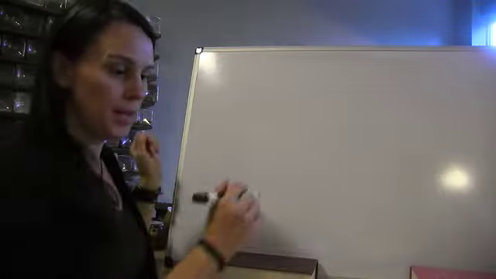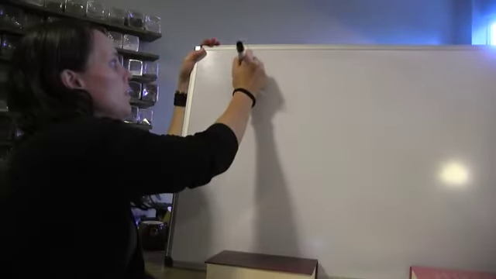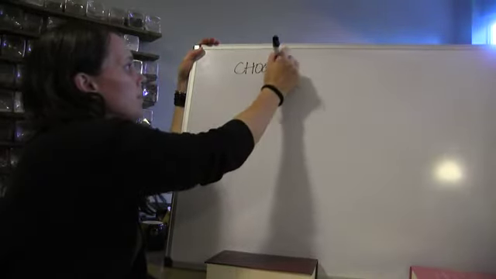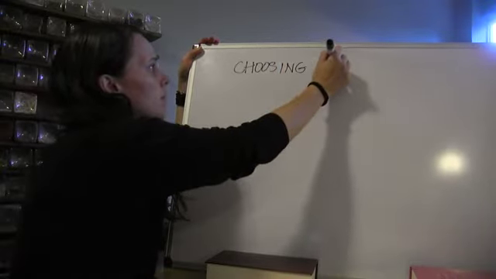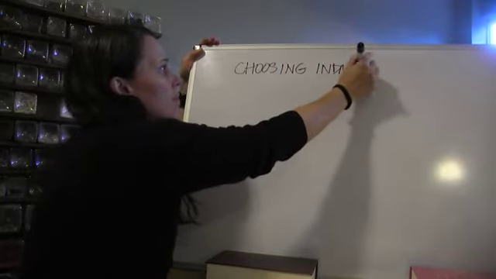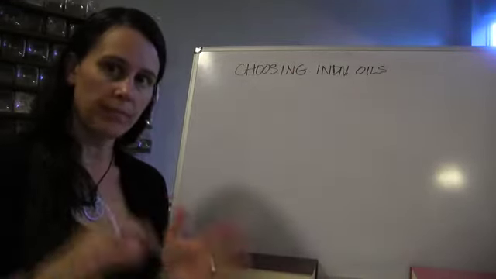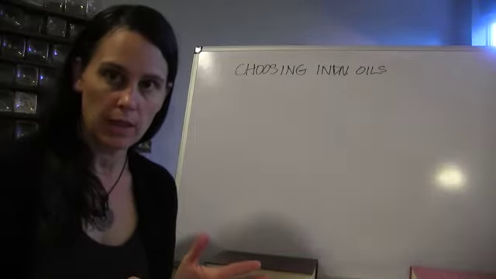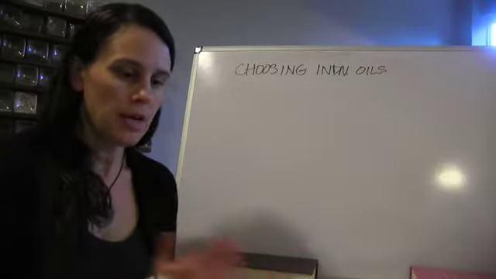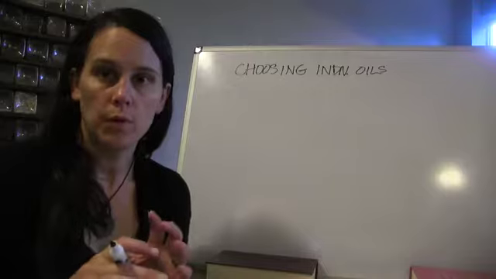Okay, so beginning with that, choosing individual oils. Things that you're going to want to consider about each oil that you're thinking of using, and also about how the oils will work together.